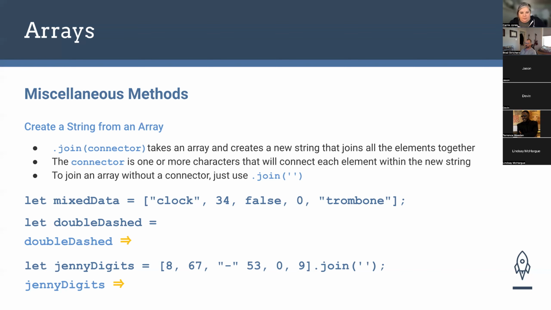You got it. Yep, double hyphen as a string. So that's the connector, and you just use it with join, and then it will give you a string, right? Clock dash dash 34 dash dash, etc. And that's kind of a silly example, but I just wanted to cover a whole range of concepts all at once.